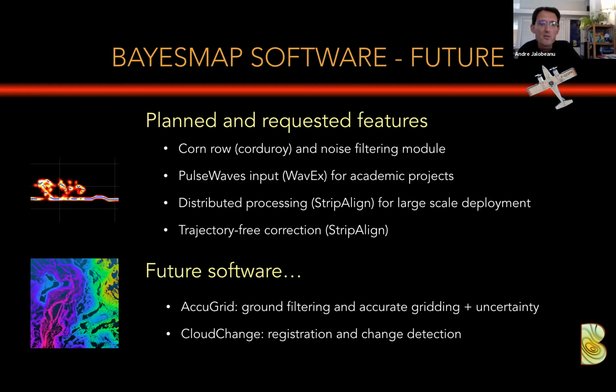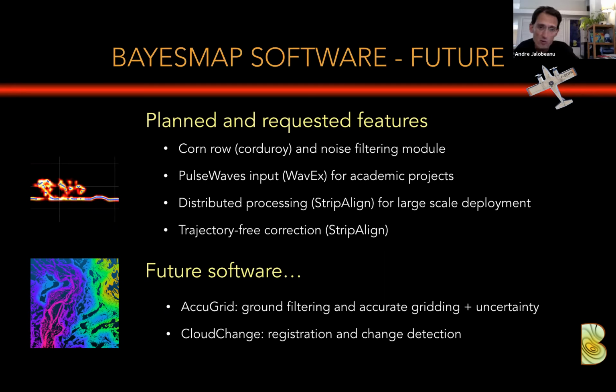And what about the future? Well, we have a ton of planned and requested features by our clients. There's cornrow and noise filtering that's planned at some point, a pulse waves input for WavEx for academic projects. And also we have had requests for distributed processing for StripAlign for very large scale deployment. And trajectory-free correction that would help people correct their data even if they don't have trajectory.